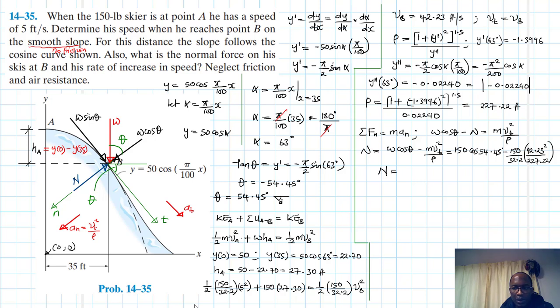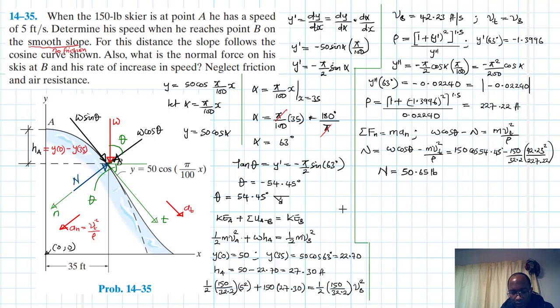All right, so our n therefore is 42.23 squared divided by 227.22, then times 150 divided by 32.2, then plus 150 cos 54.45. So we get n equal to 50.65 pounds.